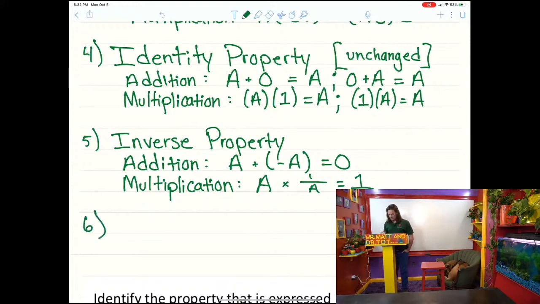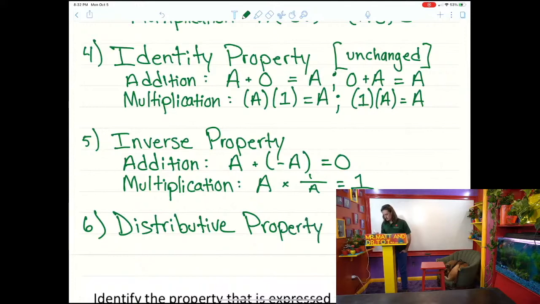The distributive property says that A times some quantity B plus C is the same thing as A times B plus A times C. So you can take that beginning value and you can distribute or share or apply it within the parentheses.